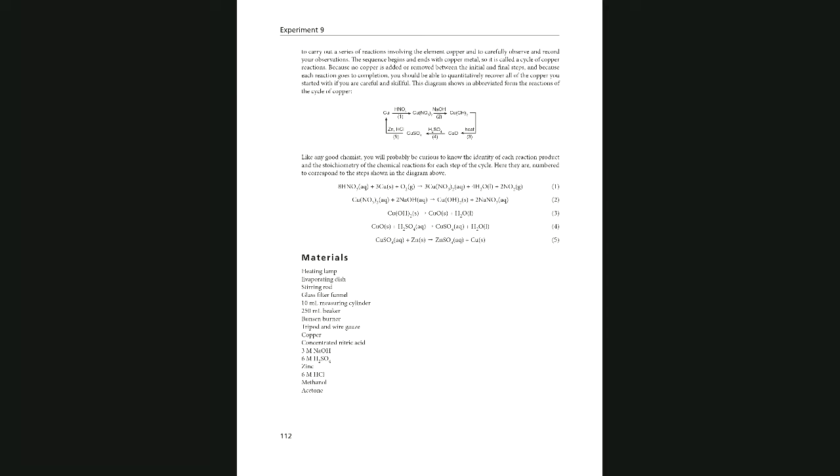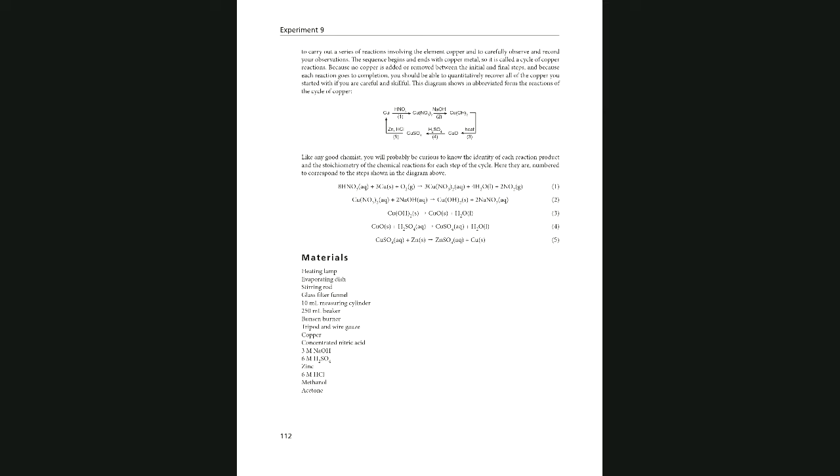The second purpose of this experiment is to learn about different types of reaction, like oxidation-reduction type reaction. You have copper 0. The oxidation number for copper is 0 in solid form. When it changes to copper 2+, it is actually being oxidized, and oxygen is being reduced here. So we have double displacement reaction.